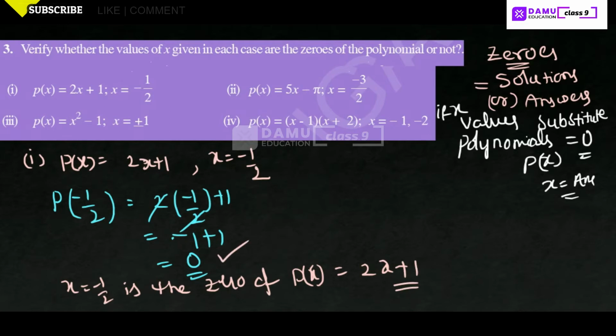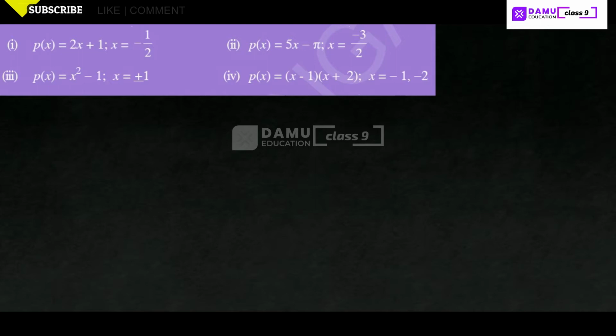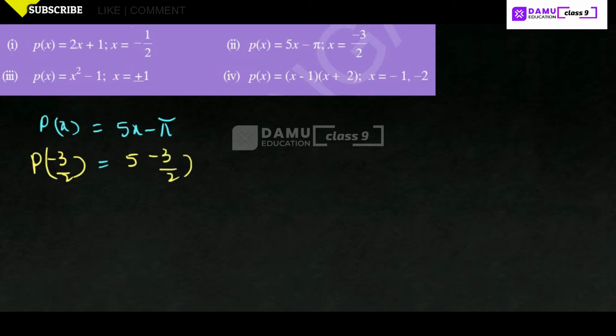Our second one is p of x equals 5x minus pi. Let's take p of minus 3 by 2. So here 5 into minus 3 by 2 minus pi. 5 threes are 15, minus pi.